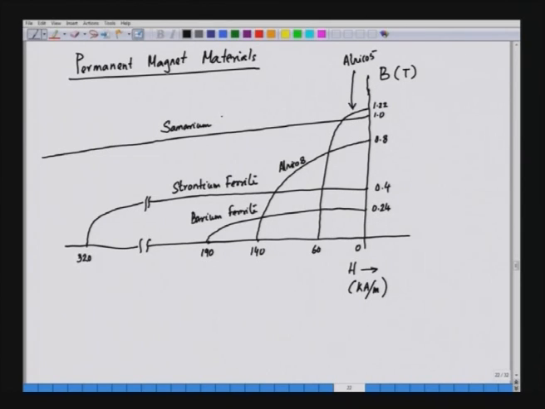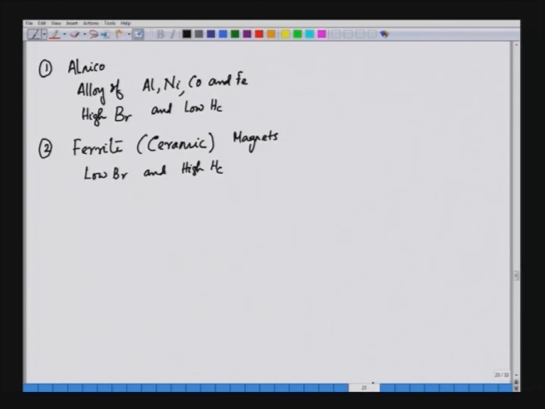Samarium is a rare earth material, and the alloy of samarium, cobalt and iron is called samarium cobalt permanent magnet material. Samarium cobalt is also called rare earth permanent magnet, and these are characterized by a very high Sc and Br.